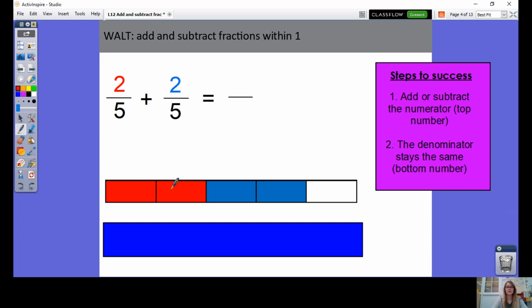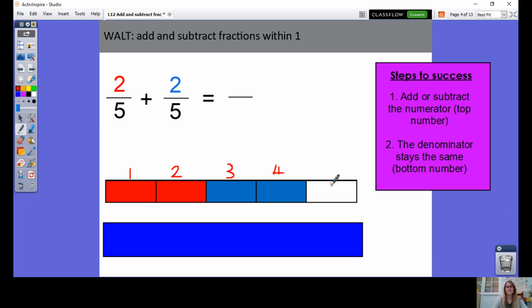So I've labelled 2 parts red and 2 parts blue. So now I can add together that I have 1, 2, 3, 4 parts in total. So altogether, I have 4 out of 5 parts shaded, okay?